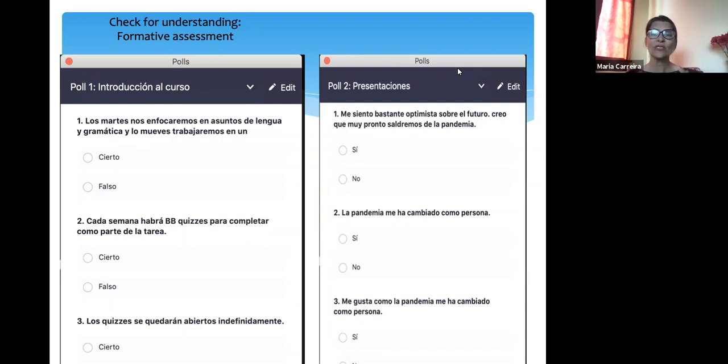I wanted to use this poll to get students thinking about their pandemic, to get information about how they view the pandemic, how they feel about it, what they think are the most affected areas of life by the pandemic. And then to use this information to get students talking and get them excited about the project that we will be doing this semester.